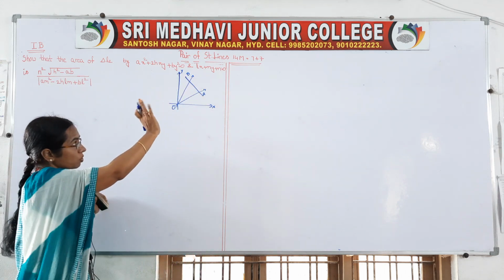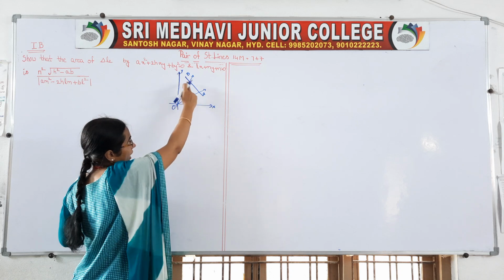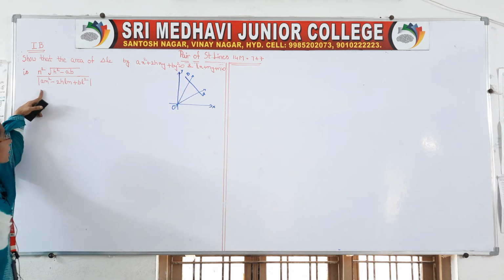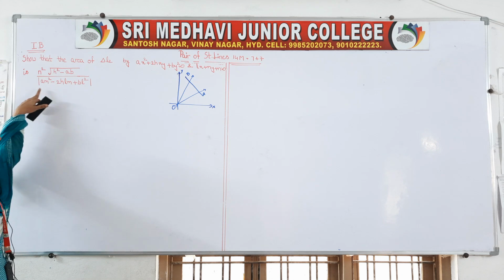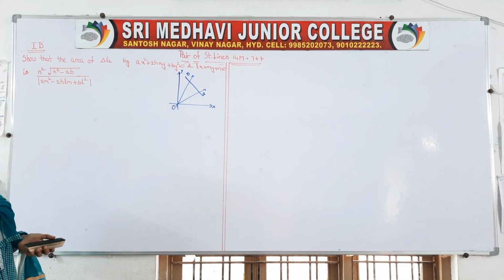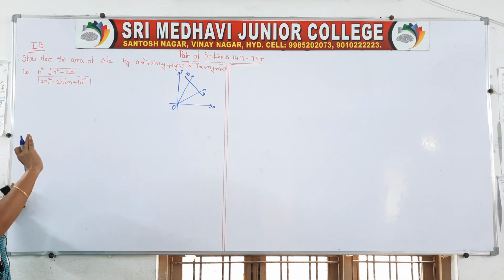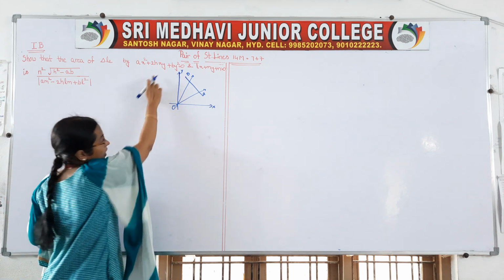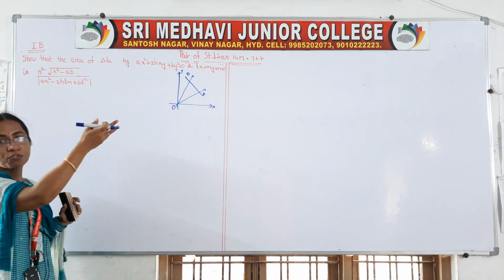So we have to prove that the area of the triangle OAB is n square root of h square minus ab by modulus of am square minus 2hlm plus bl square. This equation is nothing but a pair of straight lines.